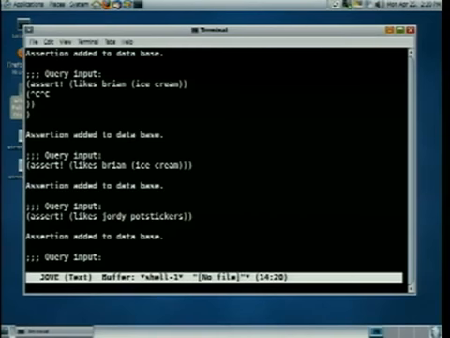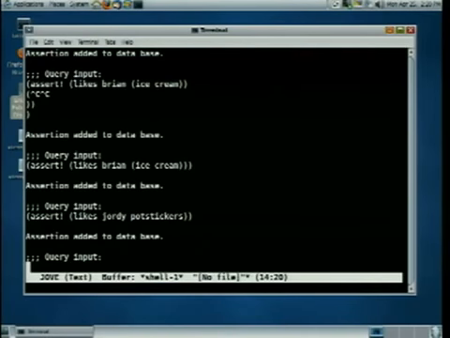So usually what we do is we take the name of a relationship, like likes, and that comes first. It's just a convention. As far as the query system is concerned, it treats every element of the query the same way, every car of a list the same way, or cooter of a list, for that matter.